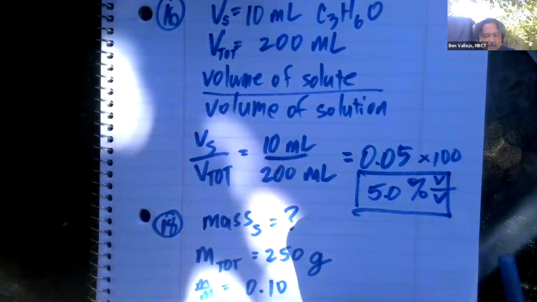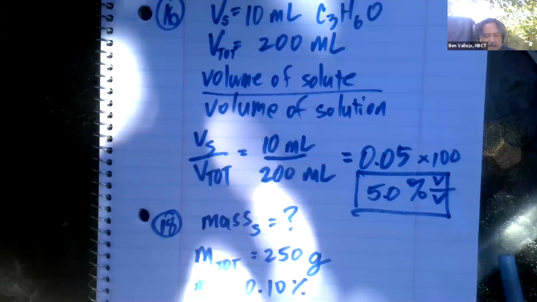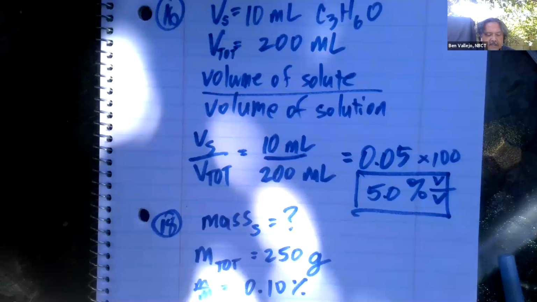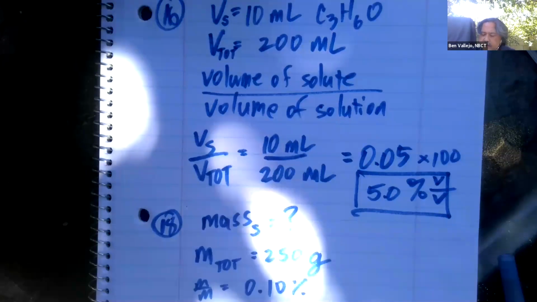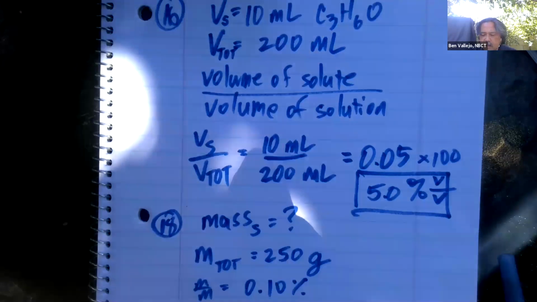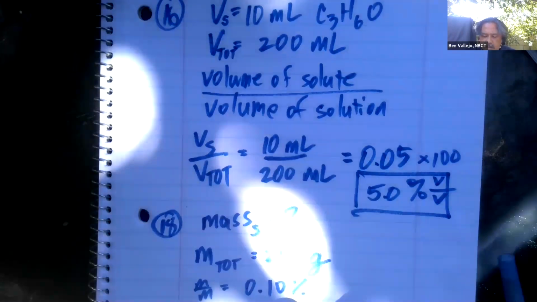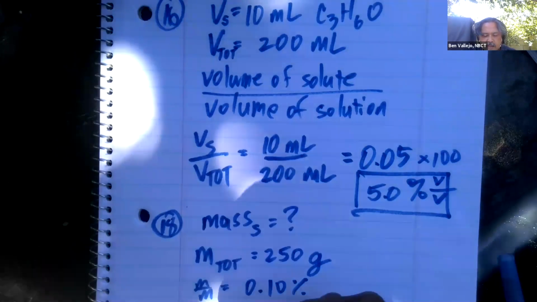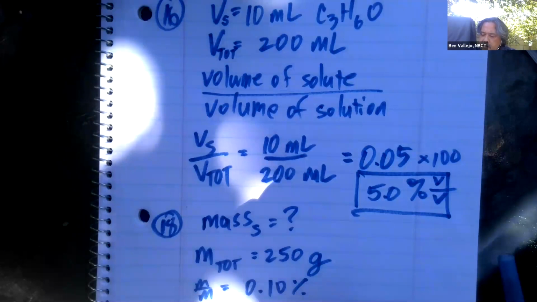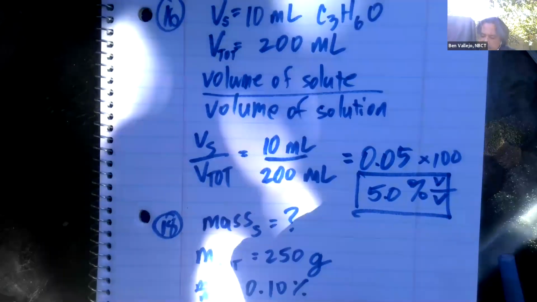So we have 0.10%. Let's figure out what we're trying to do here. Let's write the percent by mass as a conversion factor. 0.10% is going to be 0.1 grams in 100 grams.